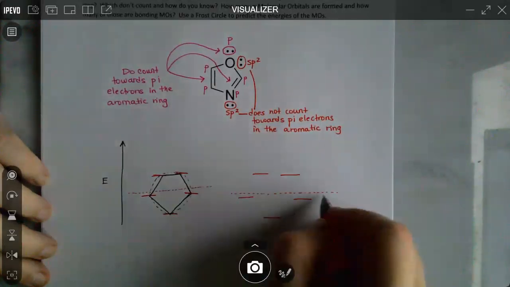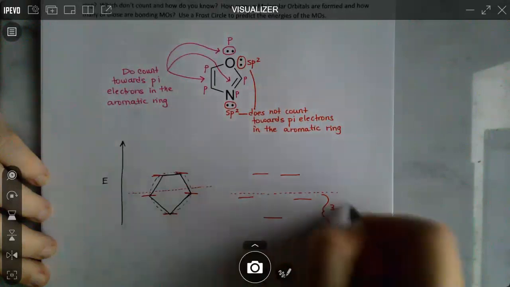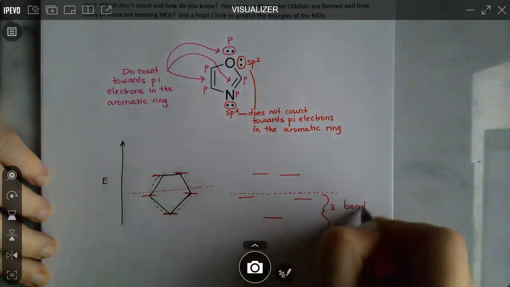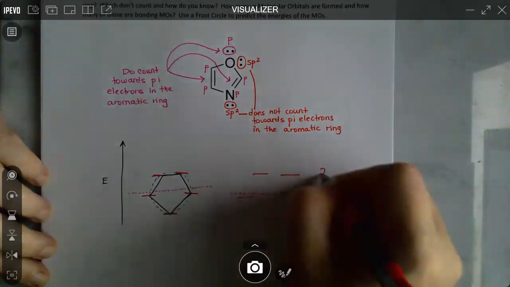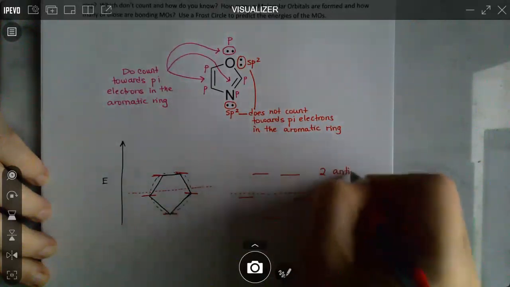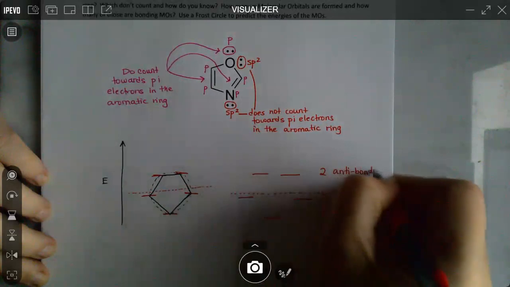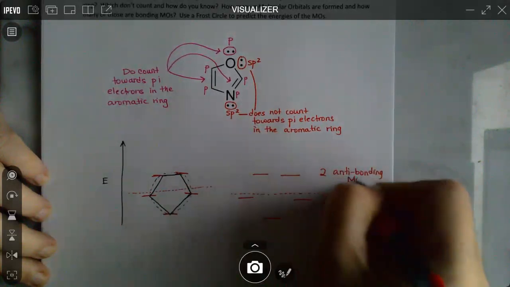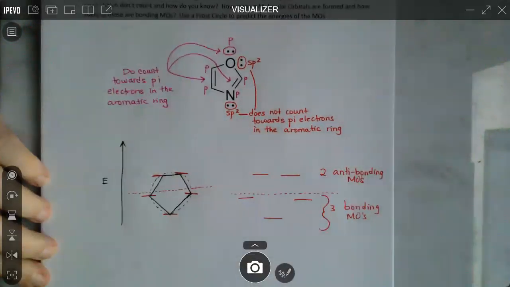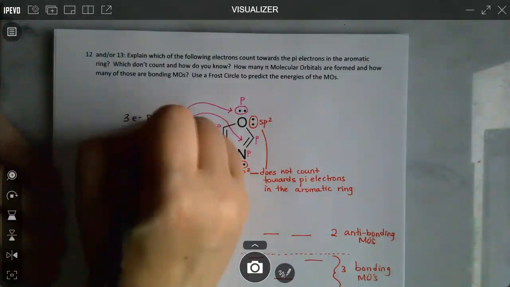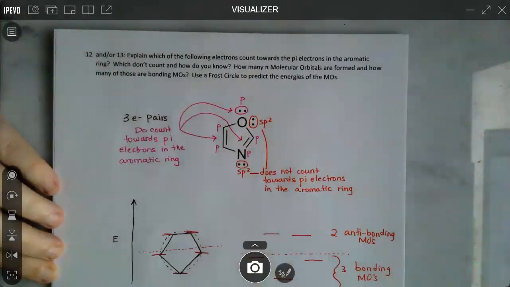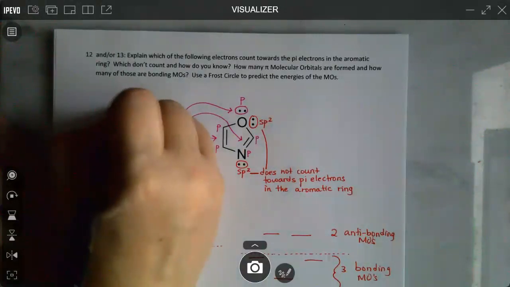So we have 3 bonding molecular orbitals and 2 anti-bonding molecular orbitals, right? So because we have 3 electron pairs, we know that this compound is aromatic.